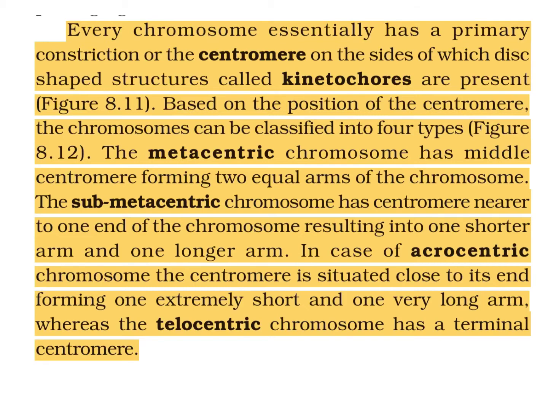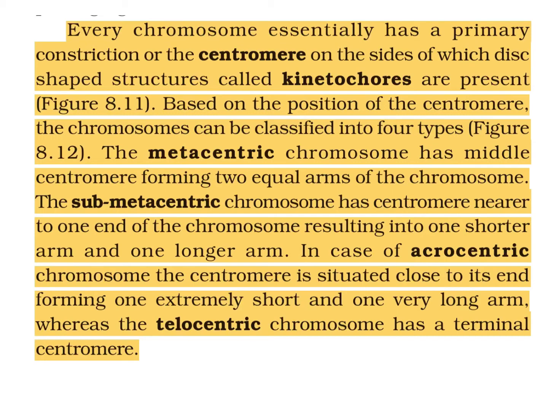Based on the position of the centromere, chromosomes may be classified into four types. First is metacentric chromosome, second submetacentric, third acrocentric, and lastly telocentric. A metacentric chromosome has a middle centromere forming two equal arms.